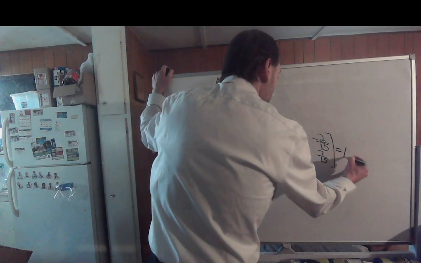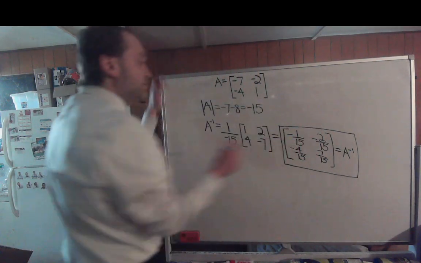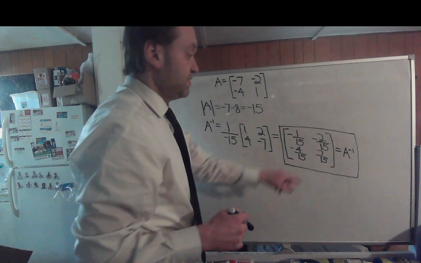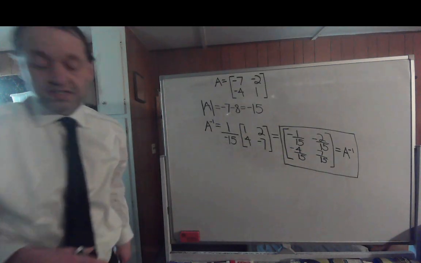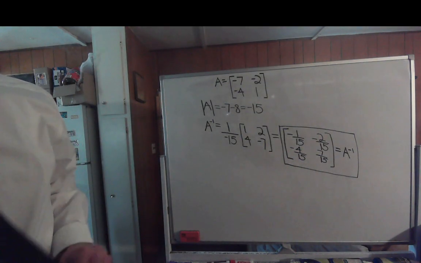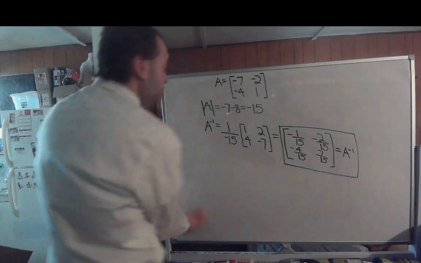That would be your inverse matrix of A. Would end up being -1/15, -2/15, -4/15, and +7/15. All right, I have two more, then we're done.